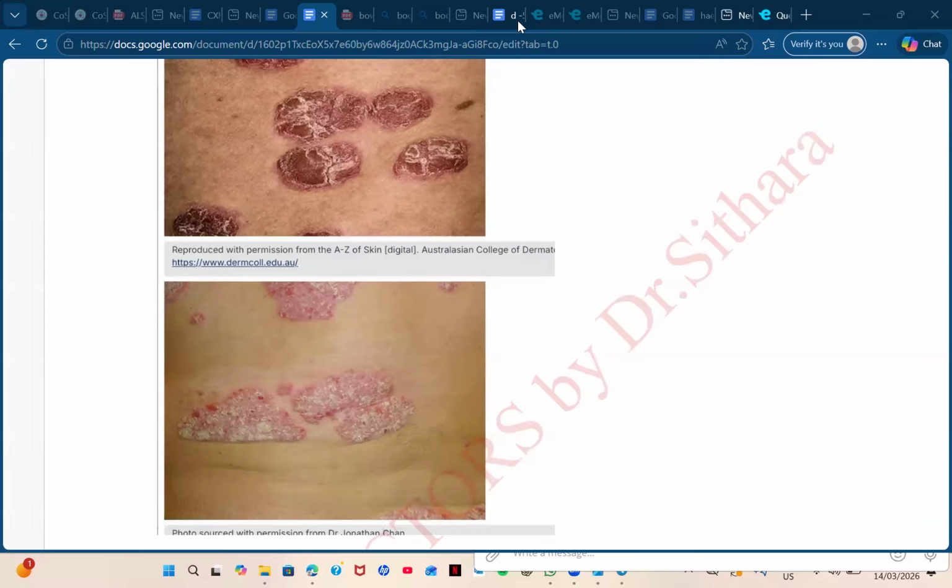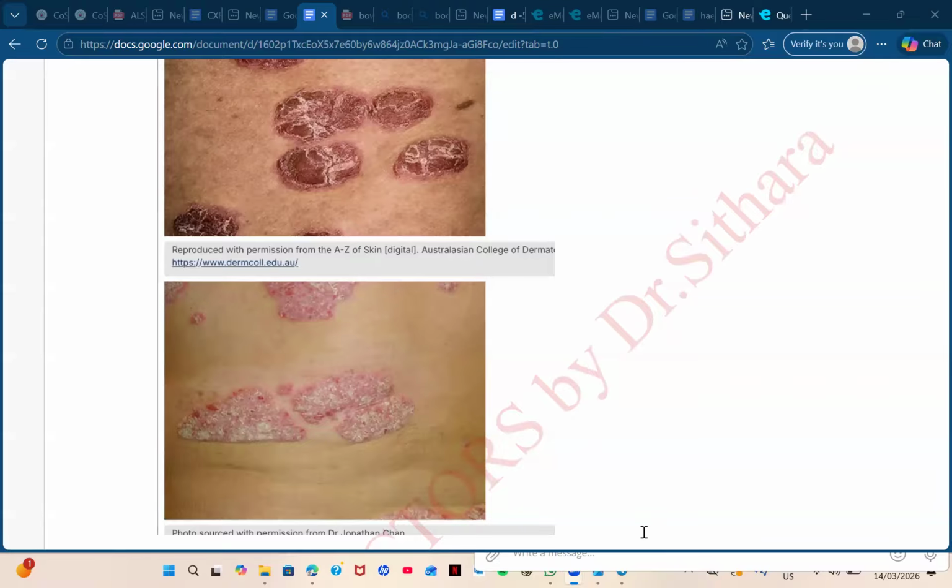In psoriasis, when we scrape it, small bleeding spots can appear, right? That's why we call it Auspitz sign. It's a classical finding in psoriasis, right?